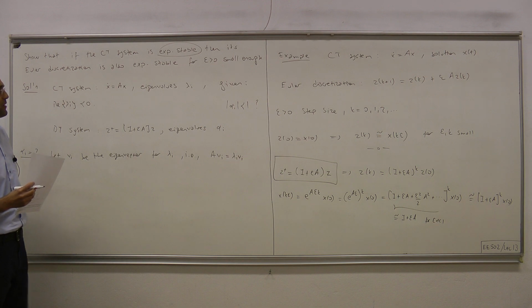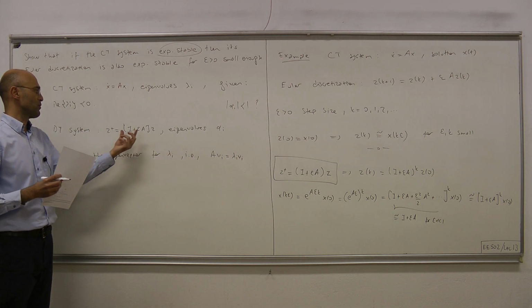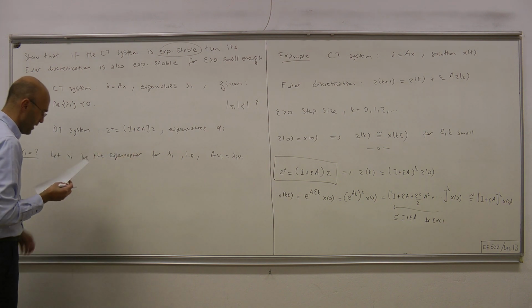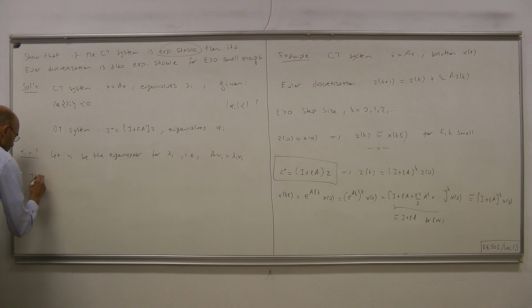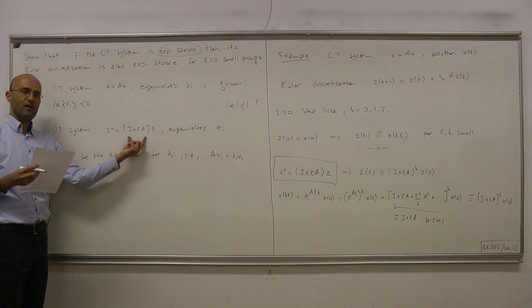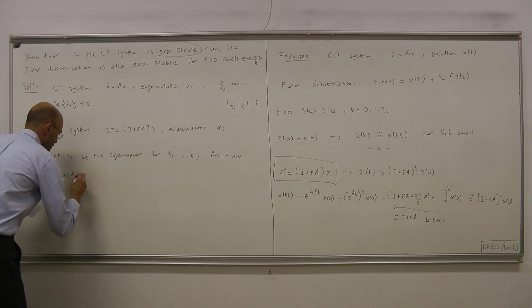Now, it's not difficult to see that this eigenvector must also be an eigenvector of identity plus epsilon times A. Why? Because all we have to do is multiply our discrete time matrix by the same eigenvector.